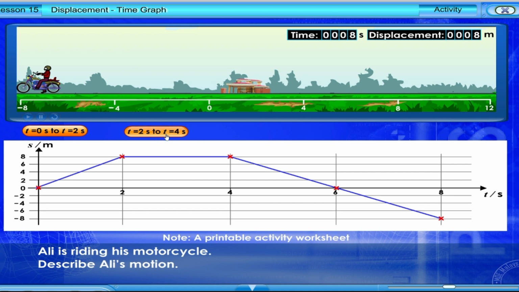Describe the motion of the motorcycle from t equals 2 seconds until t equals 4 seconds.